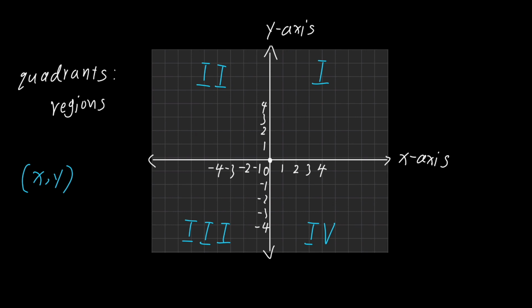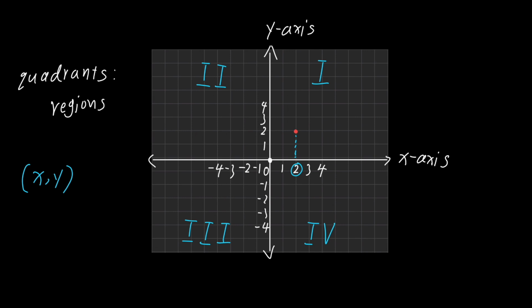If, let's say, I have a point here, now we have the point, but what's the address? What are the x and y values? To figure that out, we first draw these dotted lines, and we see there's 2 right here.